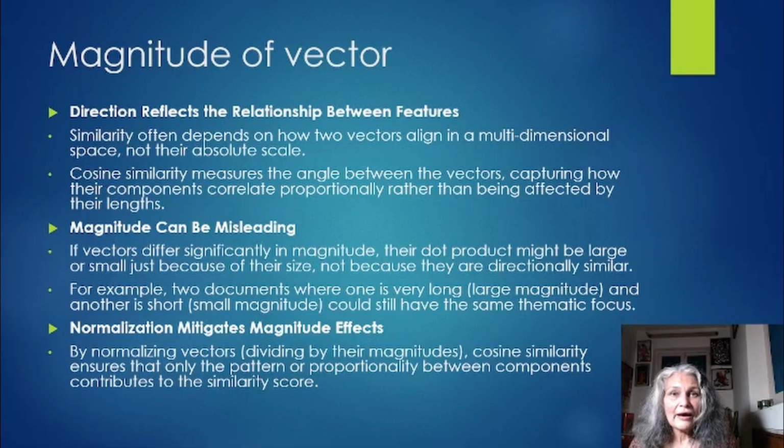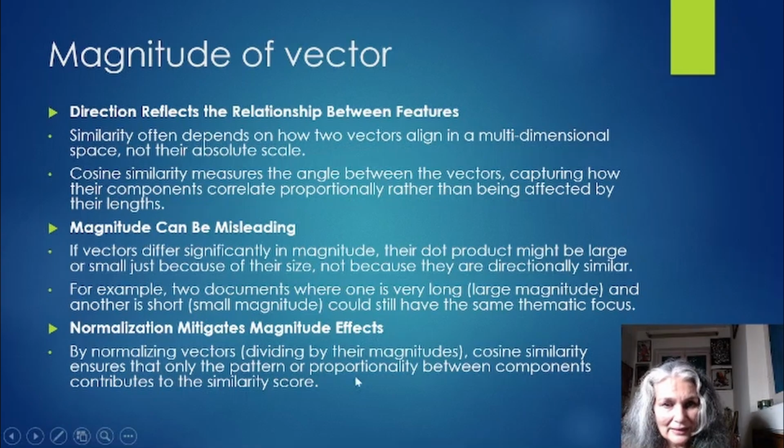If two vectors are of very different sizes, their dot products might be very large or small just because of the size factor, but not necessarily because they are directionally similar. We want to focus on the directional aspect. So to avoid that, we normalize the dot product by the two lengths. By normalizing the magnitudes, cosine similarity ensures that only the pattern of proportionality between components contributes to the similarity scores.